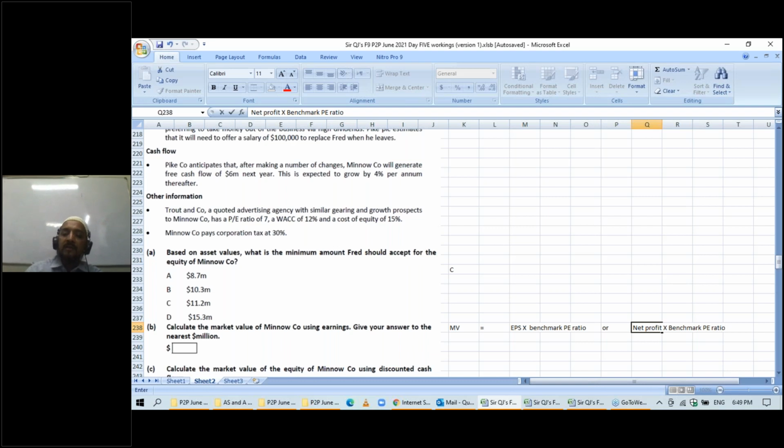The benchmark price earning ratio, as I said earlier, will be of a good company or an average company in the industry, or an average of the whole industry's price earning ratio. So this is to judge the potential of the company, that what shall be the price of a share, but in fact it is not.